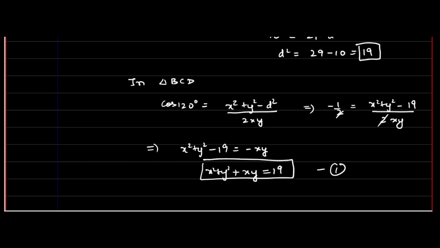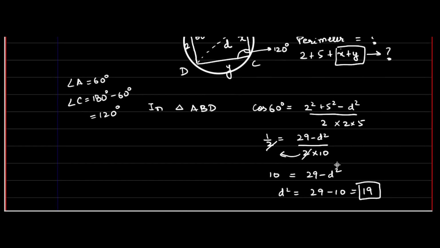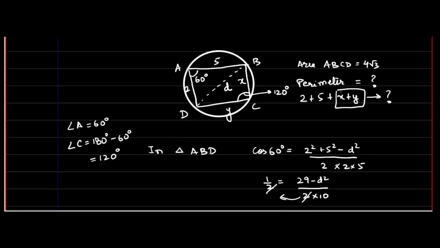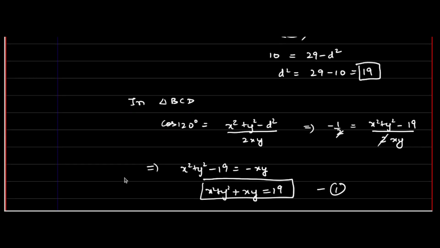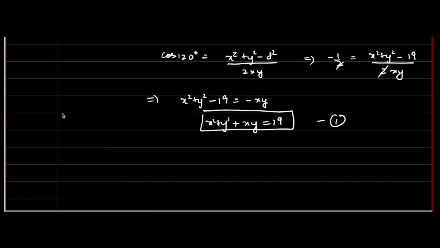Since there are two variables x and y, we need another relation in x and y to find their values, or rather their sum. So we haven't used the condition that the area of ABCD is 4 root 3. So let's use it. The area of ABCD is equal to 4 root 3.